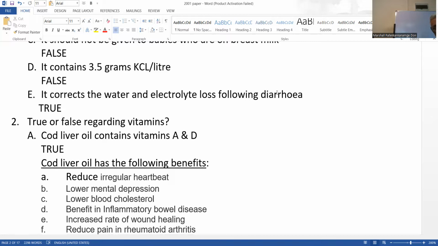E, it corrects the water and electrolyte loss following diarrhea. It is true. That is why it is given when somebody has diarrhea. The potassium and sodium go out, even chloride. So this is replacement of those ions with ORS.